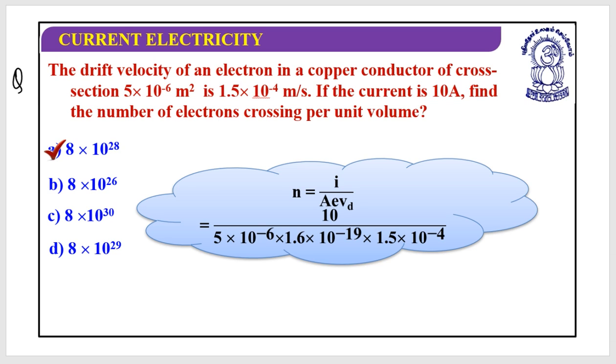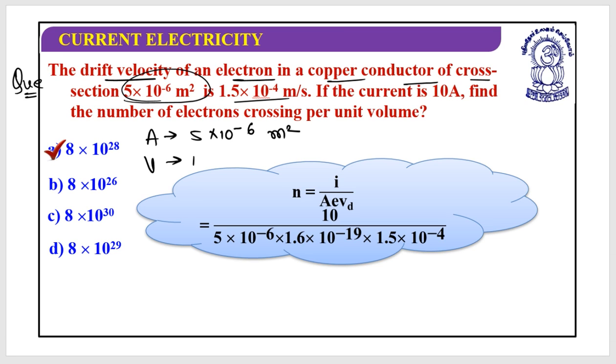What is the question all about? Let's have a look. The question says that the drift velocity of an electron in a copper conductor of cross-sectional area A is given as 5 into 10 to the power minus 6 meter square. Velocity is given, which is 1.5 into 10 to the power minus 4 meter per second.